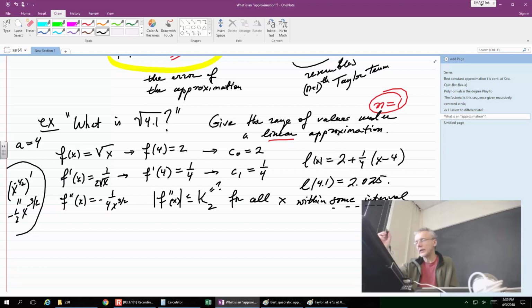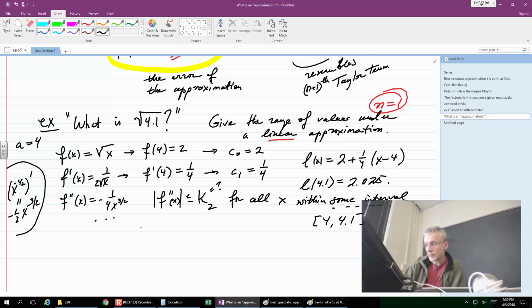Let's take a small interval, from 4 to 4.1. That is the interval that contains both a as well as 4.1, the point that we're interested in. We need an estimate of the absolute value of that function when x lies between these two points.